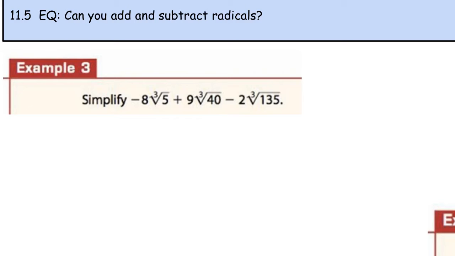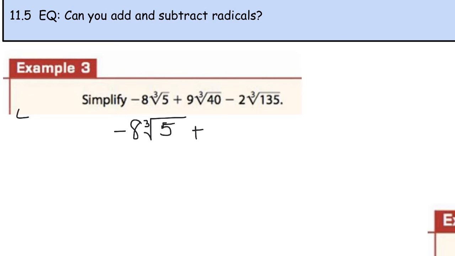So since my indexes all match, I'm going to go ahead and try to break down these radicals and try to get them all to have the same radicand. So this first one is 5. That won't break down at all. So that's just going to remain negative 8 times the cube root of 5, because there's nothing times itself 3 times which will give me 5. So that's as far as I can break it down.